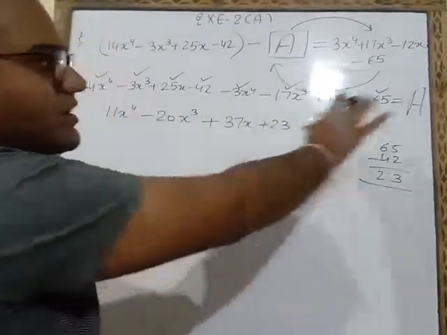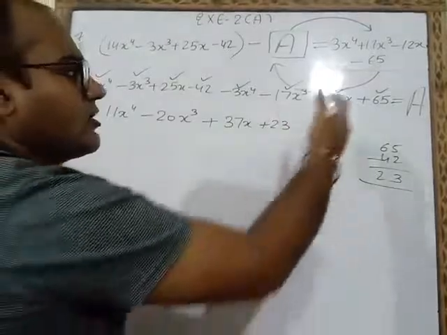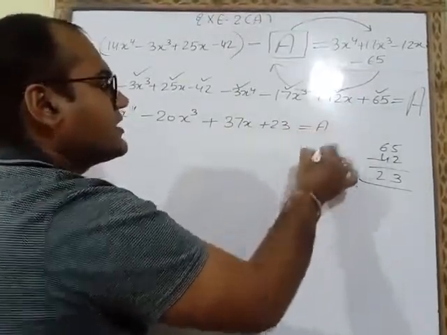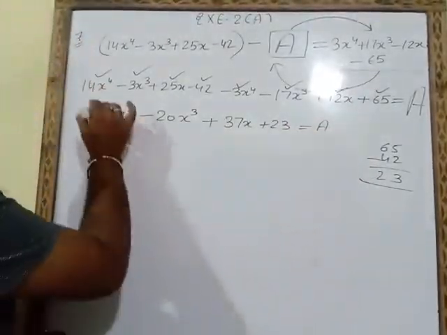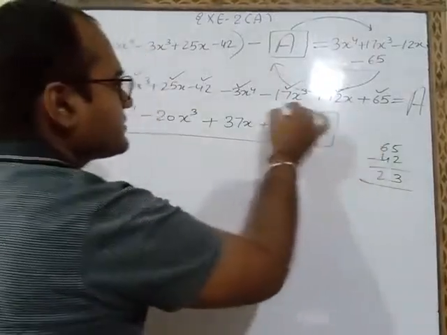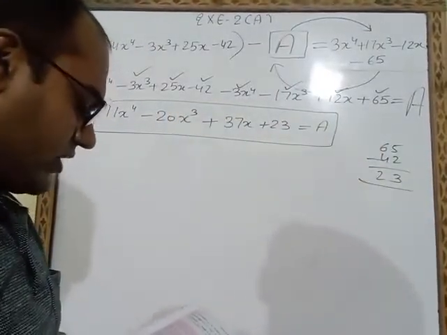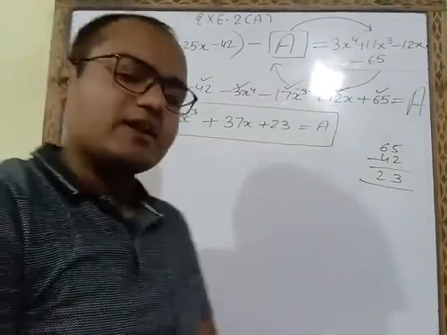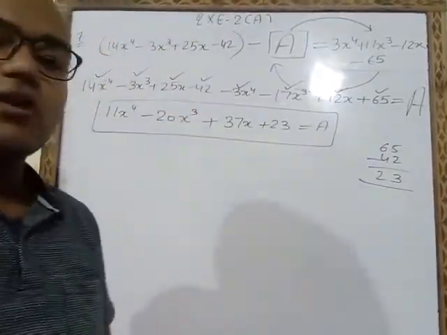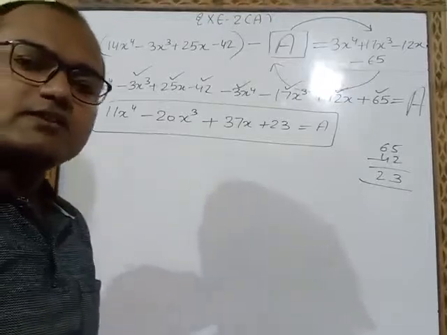Now all the terms are solved. On the right hand side we have to write A, so the final answer of A is 11x power 4 minus 20x power 3 plus 37x plus 23. So like this we have to do question number 7.